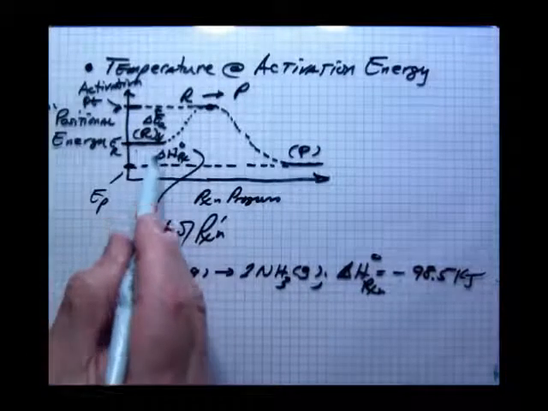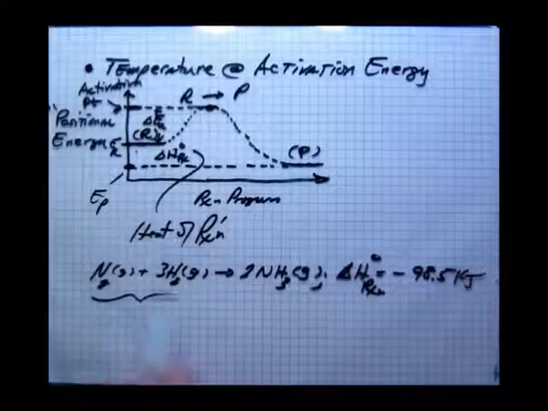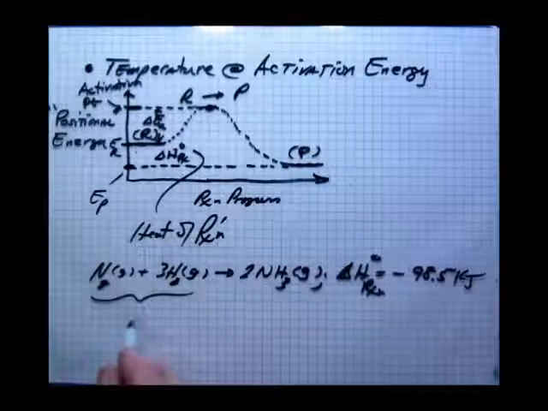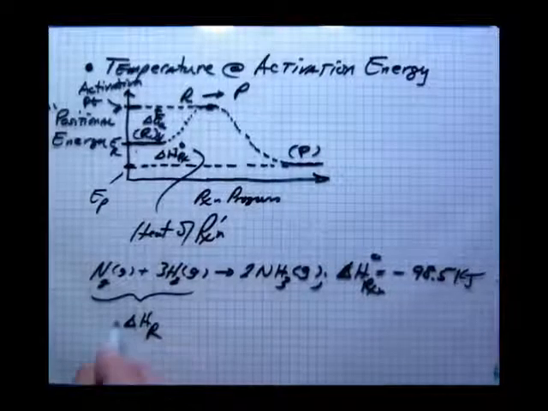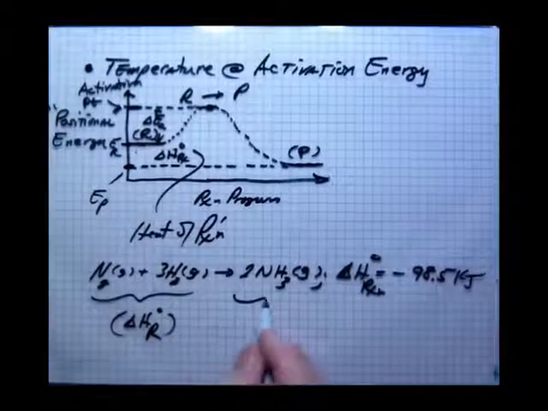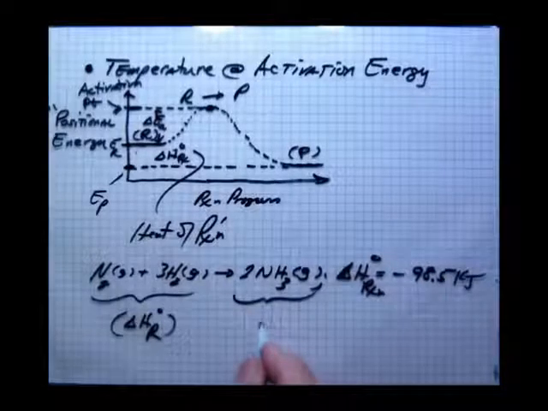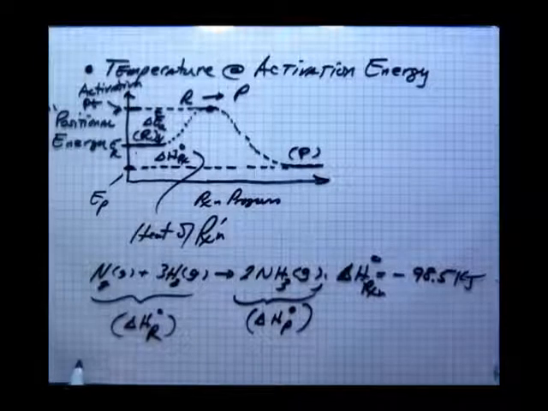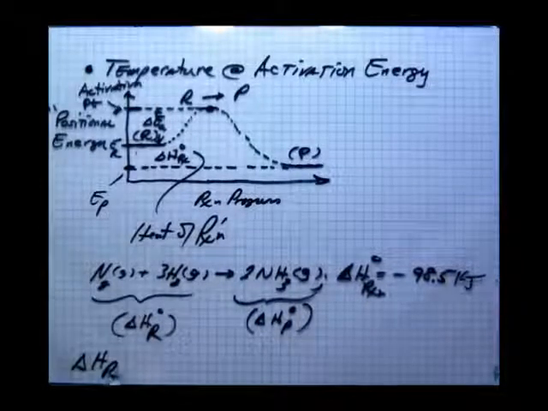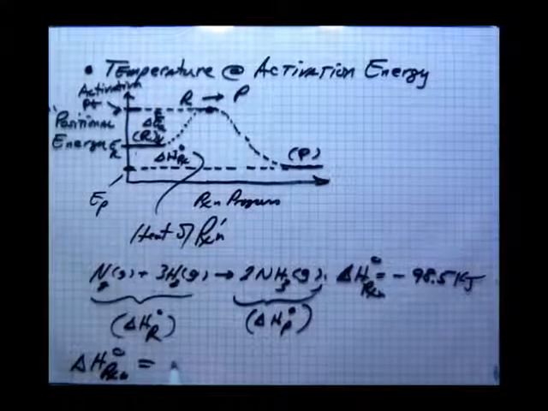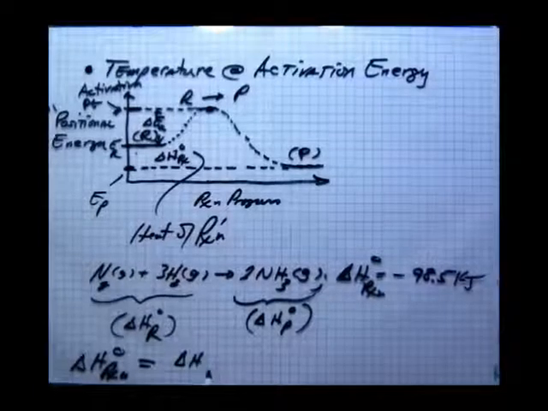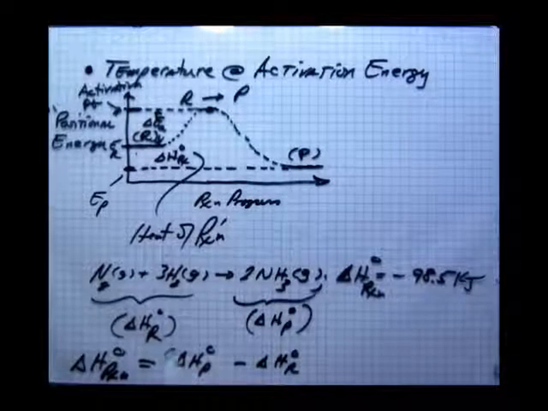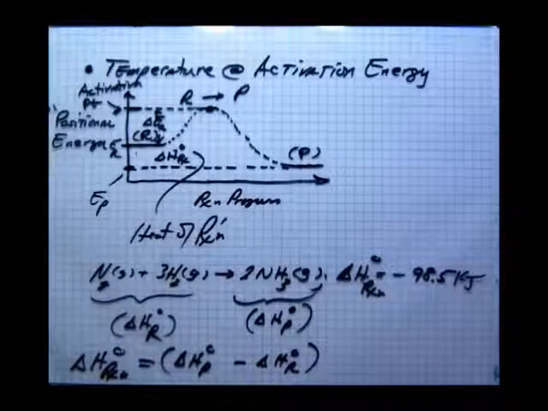Well, that's what this is, this differential. The reactants start at a specific energy content, delta H of the reactants. And then the products have a certain energy content after the reaction has completed. And the change in energy of the reaction is the energy content of the products minus the energy content of the reactants. Some of you will recognize this as Hess's law.